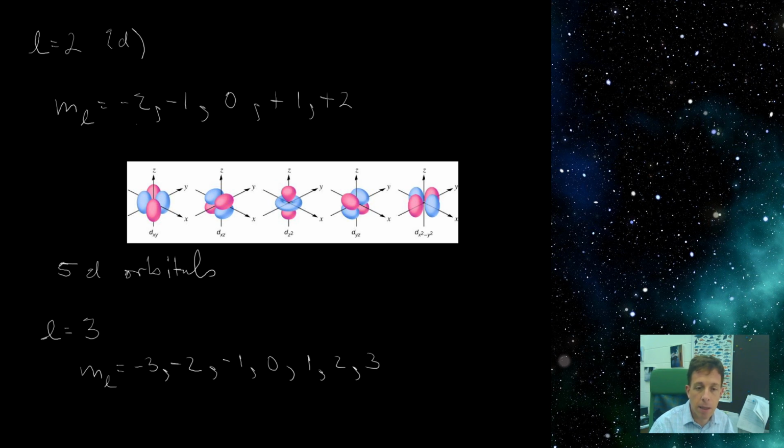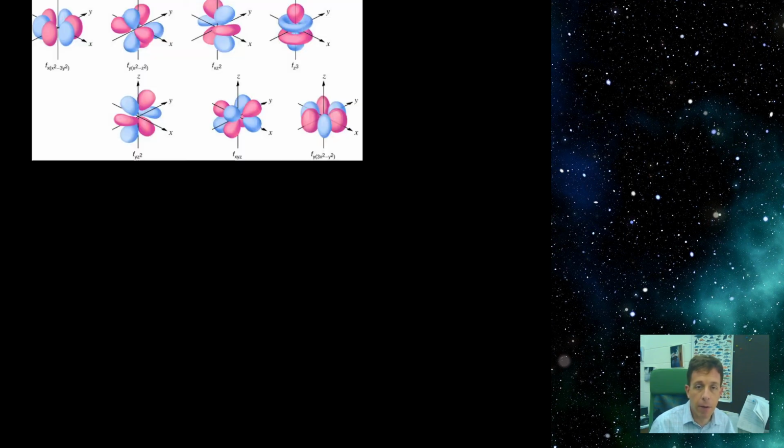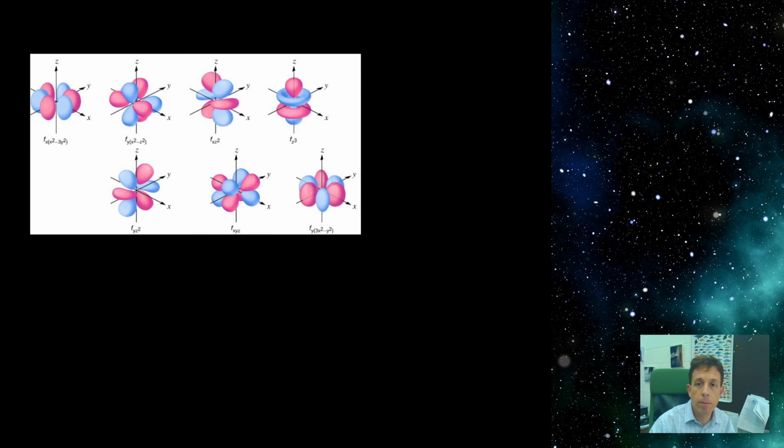So we've got 7 possible solutions for this orbital, and that means that we have 7 f orbitals.